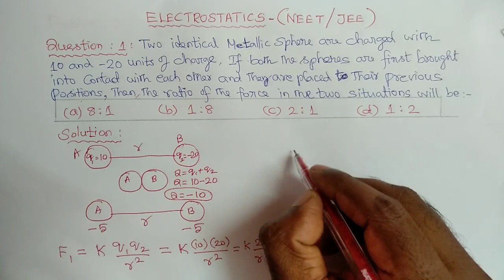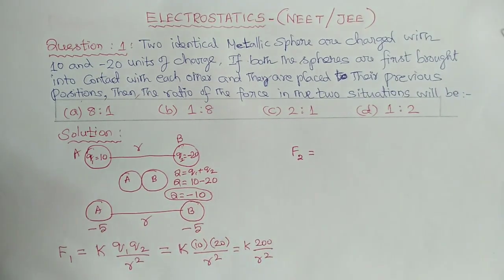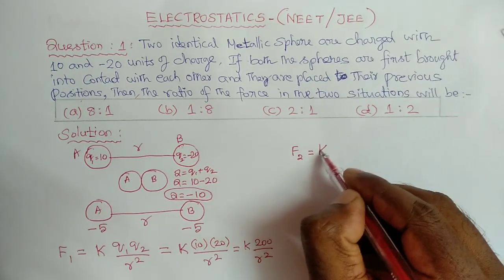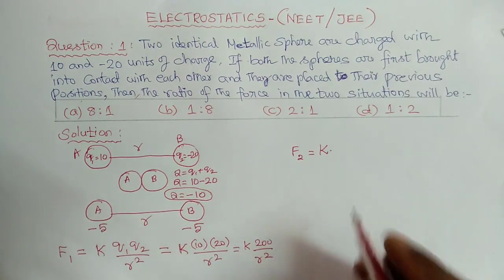Okay, so now we'll write F2. So F2 is the force between these two metallic spheres after they are separated at the same distance. So we'll write the same thing, K into Q1 is minus 5, Q2 is minus 5. So you only consider the magnitude.